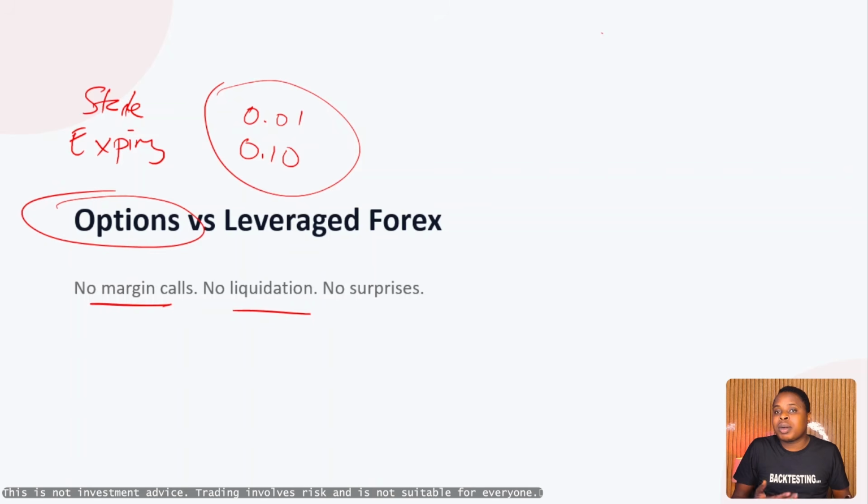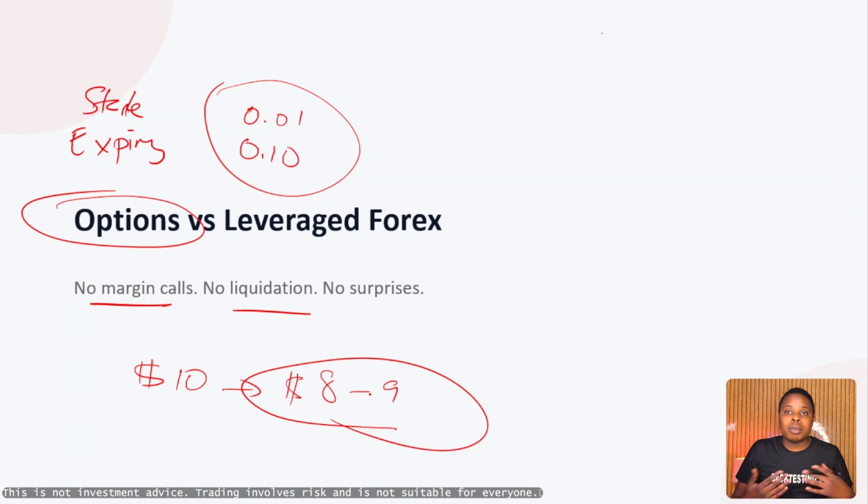Let's say I have $100 in my account. I might say on this trade, after 5 minutes, the market is going to be above a certain level, and I'm going to bet $10 on that. If I'm right, I'm going to make a profit of, let's say, $8 to $9. It can be more or less, depending on which contract type you are trading.